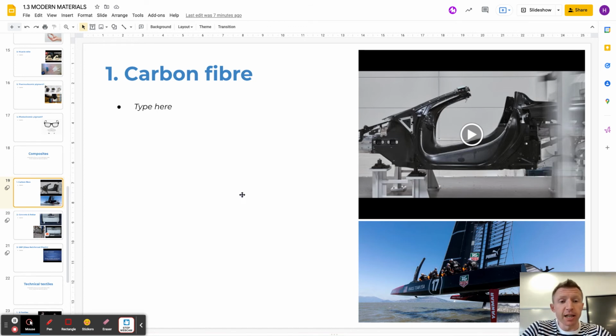So you can see here, I've never been on one of these, but they look awesome, like these Oracle hydrofoil yachts. Now these are crazy pieces of engineering, like the Formula One of sailing, but these have a complete carbon fiber hull, and the foil on the bottom there is also carbon fiber.